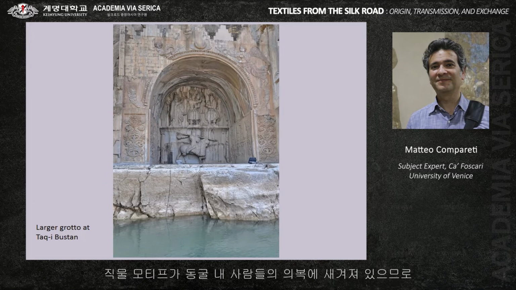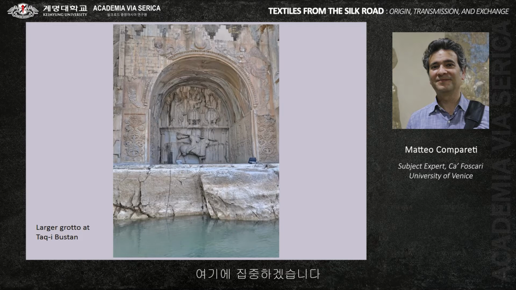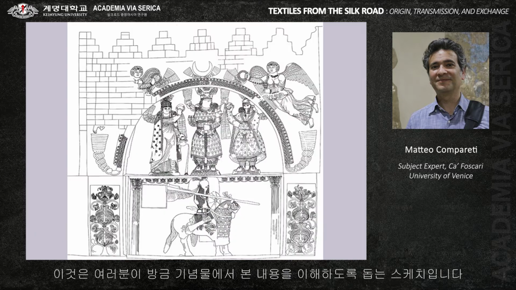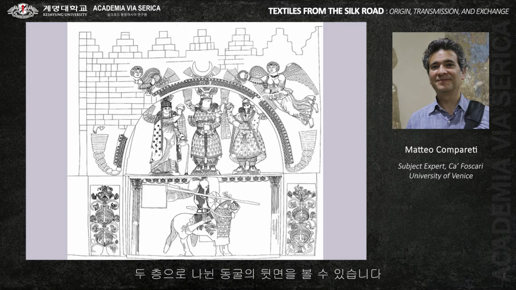Since textile motifs are carved on the garments of people inside the grotto, we are going to concentrate our attention there. This is just a sketch to make you understand what you see when you look at the monument in front of you. You see the back of the grotto, which is divided on 2 levels.